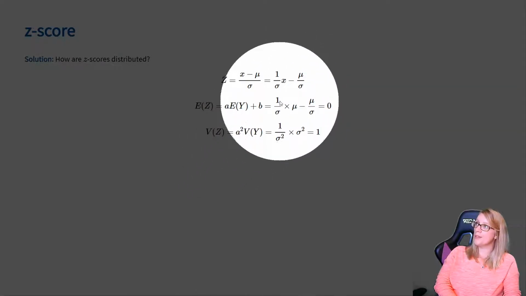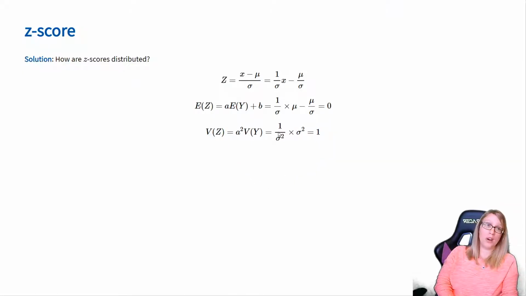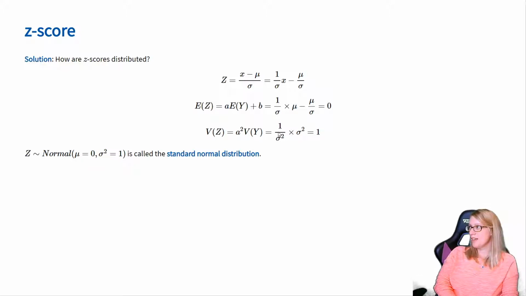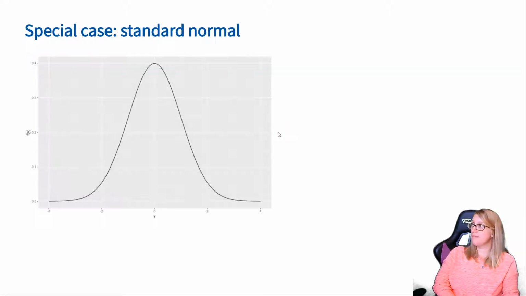So 1 over sigma squared times the variance sigma squared, we get 1. We know that z-scores are also normally distributed because they're a linear function of a normally distributed variable. So this gives us a new normal distribution with mean 0, variance 1, that we'll call the standard normal distribution.